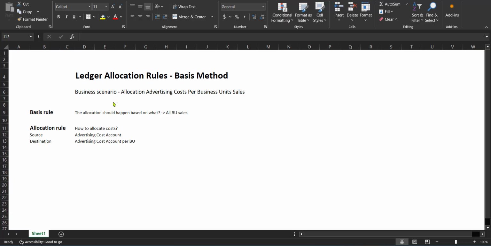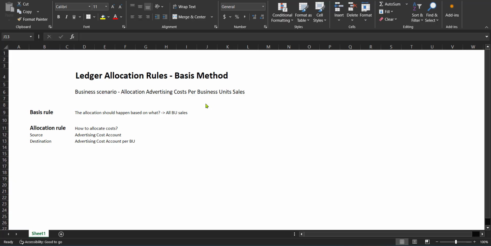The business scenario we will review is that I want to allocate the advertising cost per business unit sales. There are a few concepts in Dynamics you need to understand, and then we can go back to the system and show you what the configuration looks like. The first concept is the basis rule. In Dynamics terminology, this just means we want to know what the allocation should be based on.